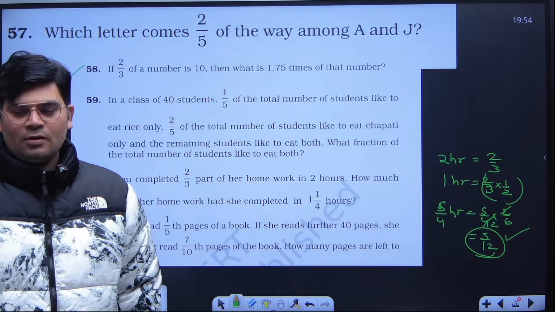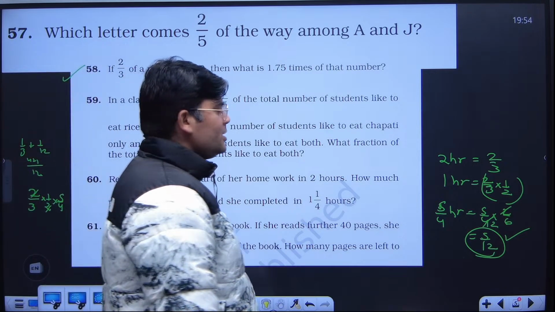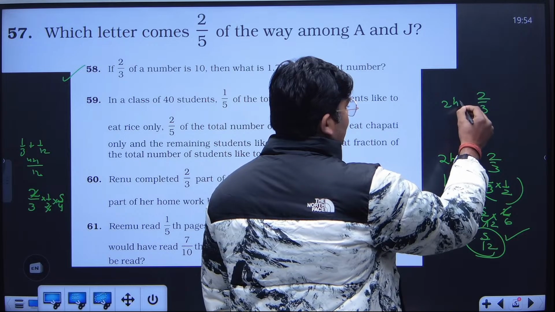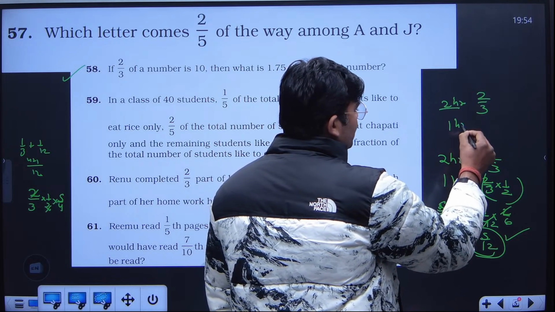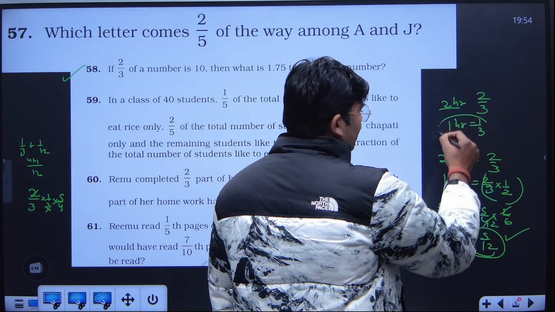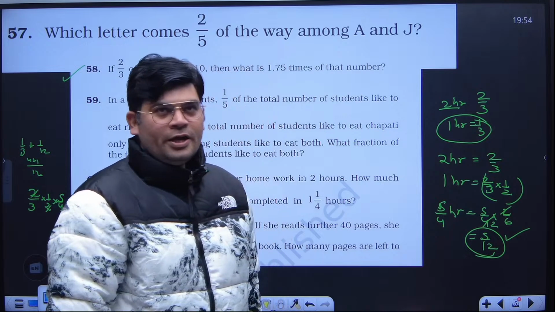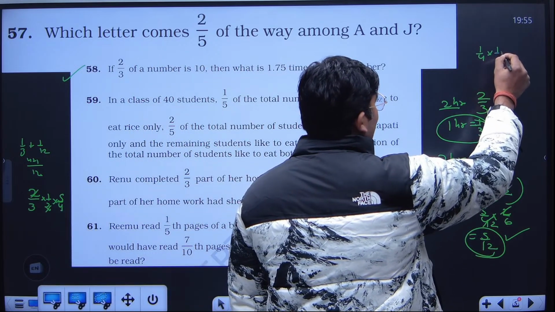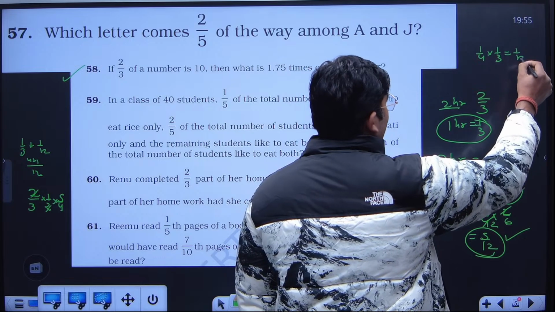The second way of doing it: if somebody is doing 2 by 3 work in 2 hours, then make the half of it. So in 1 hour, how much work will be done? 1 by 3. So in 1 by 4 times, how much work will be done? 1 by 4 into 1 by 3 which is equal to 1 by 12.